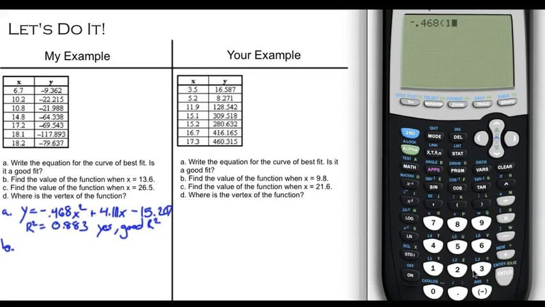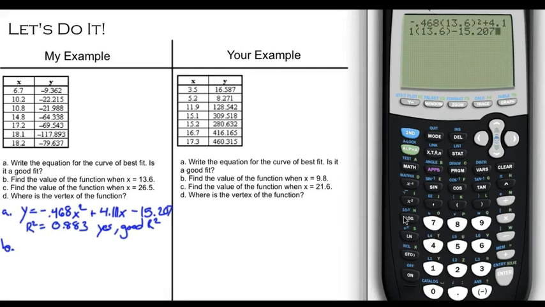X is going to be 13.6, and then that's going to be squared, plus 4.11 times 13.6, and again, this is straight up calculator work. Don't make this more complicated than it should be.